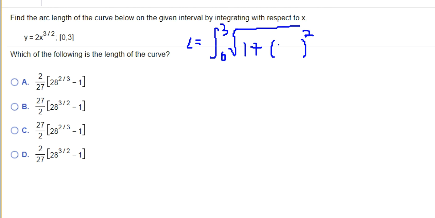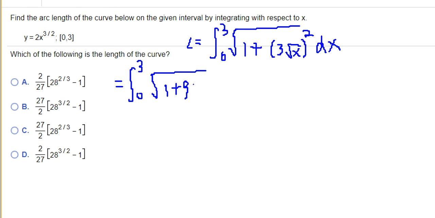We just showed that the derivative is 3 square root of x, dx. Essentially that's what we are trying to find. We need to evaluate this. So let's simplify the integrand, which is square root of 1 plus 9x dx, because there's a square.